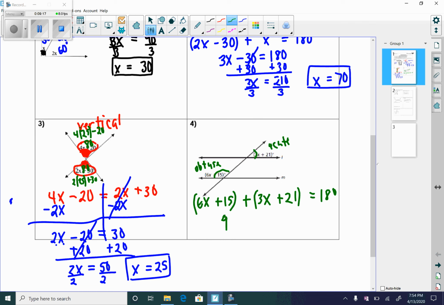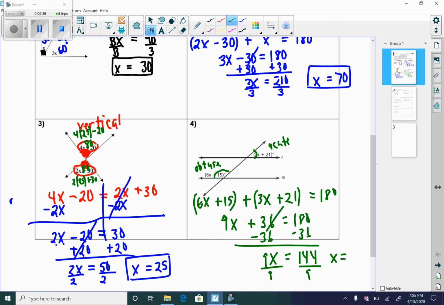But combine like terms, 9x plus 36 equals 180. So subtract 36. 9x equals 144. Divide by 9. x equals 16. Now again, that's all they asked us for in this problem.